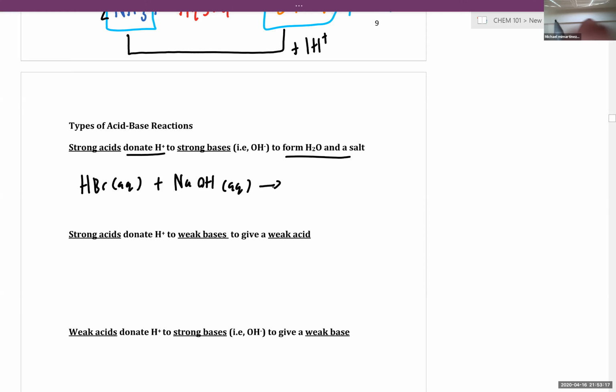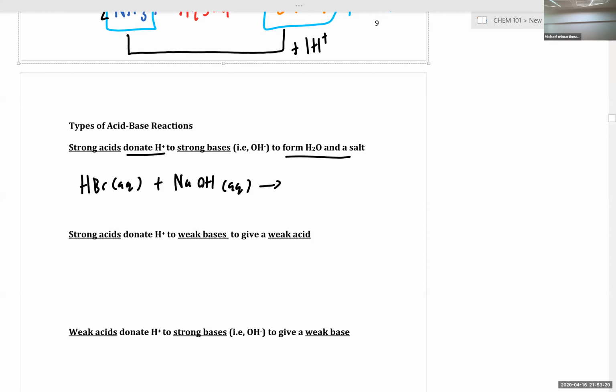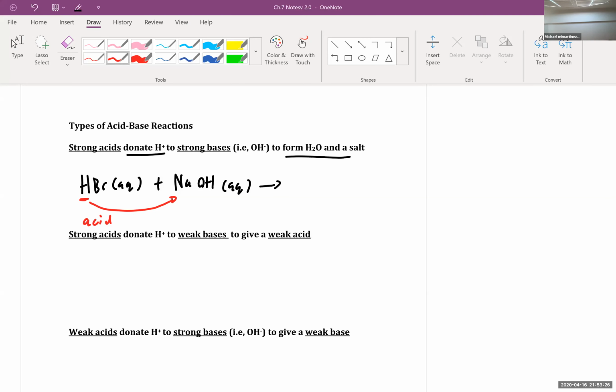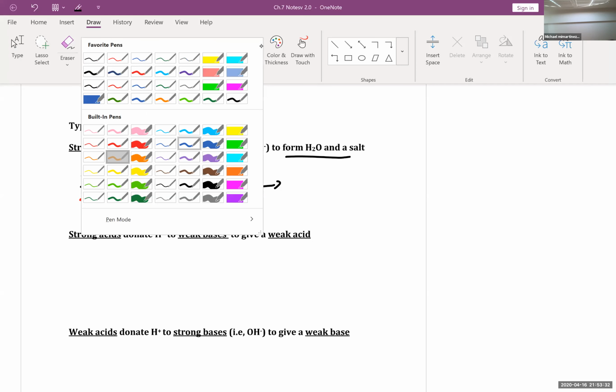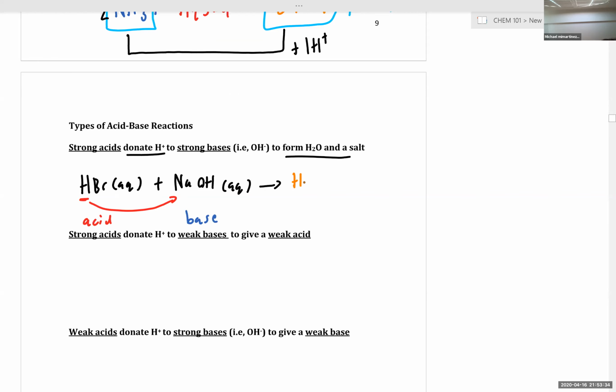Okay, so in an acid-base reaction, the acid transfers a proton to the base, and in turn, we generate water, which is our conjugate acid.